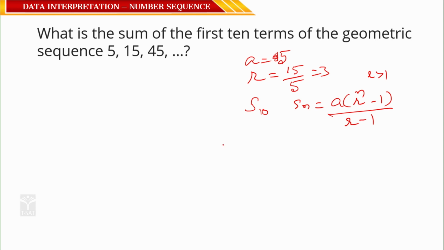Okay. So, S10: A is 5, R to the power of n means 3 to the power of 10, minus 1, divided by R minus 1, that is 3 minus 1, which means (5/2)(3^10 - 1). This is the value.